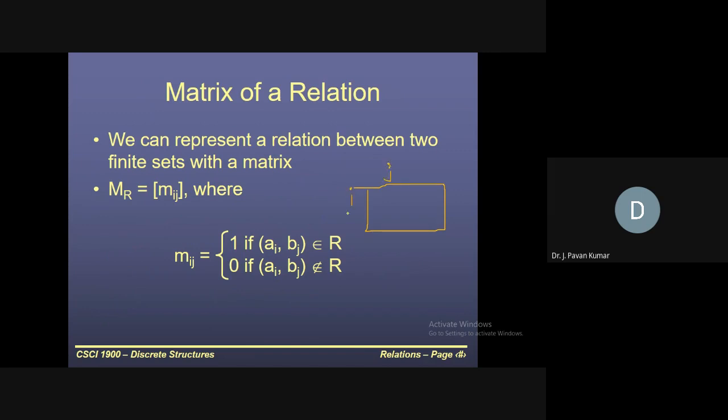If ai, bj belongs to R, that is, there exists a relation between ai and bj, then we will be having 1. If ai and bj are not having that relation between those two, then we will be having the corresponding entry as 0, either 1 or 0. Like this we can represent this relation in the form of a matrix. Okay, this is the second form.